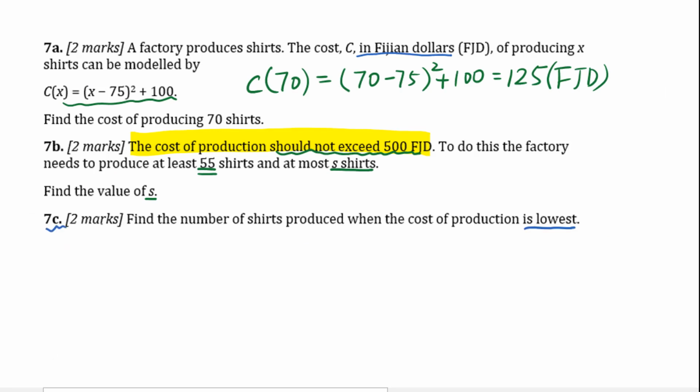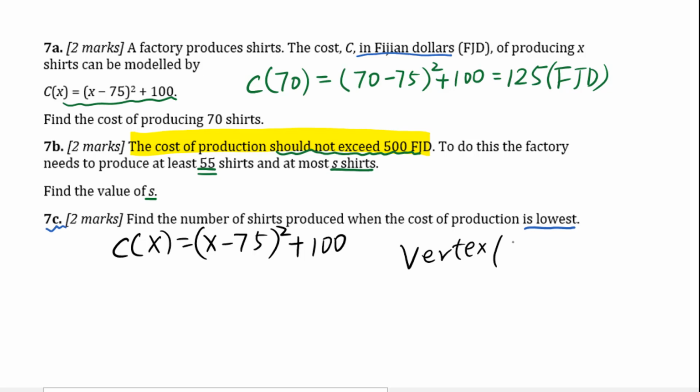For number 7C, find the number of shirts produced when the cost of production is lowest. We do know from C of x equals x minus 75 squared plus 100. This is a vertex form. The vertex is 75, 100.